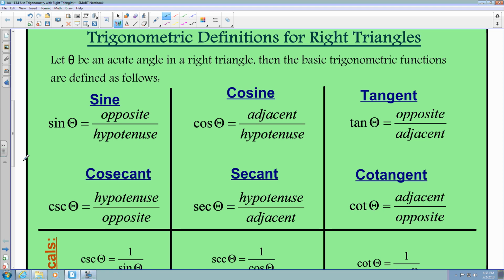And then tangent is opposite over adjacent. Cosecant, secant, and cotangent are the inverses of sine, cosine, and tangent, respectively. So cosecant is hypotenuse over opposite. Secant is hypotenuse over adjacent, and cotangent is adjacent over opposite.